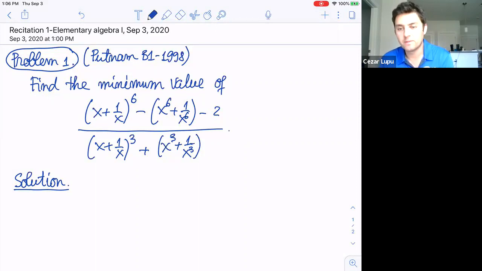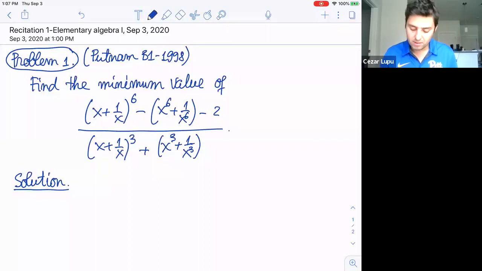But if you do this, actually I tried and the computations are quite heavy, and I think I did computations wrong a couple of times, and then I decided to give up. If you denote x plus 1 over x equals a, then you have to raise to the power 6, everything squared and then cubed, but then the computations are not nice. So it's better for you to do the following.